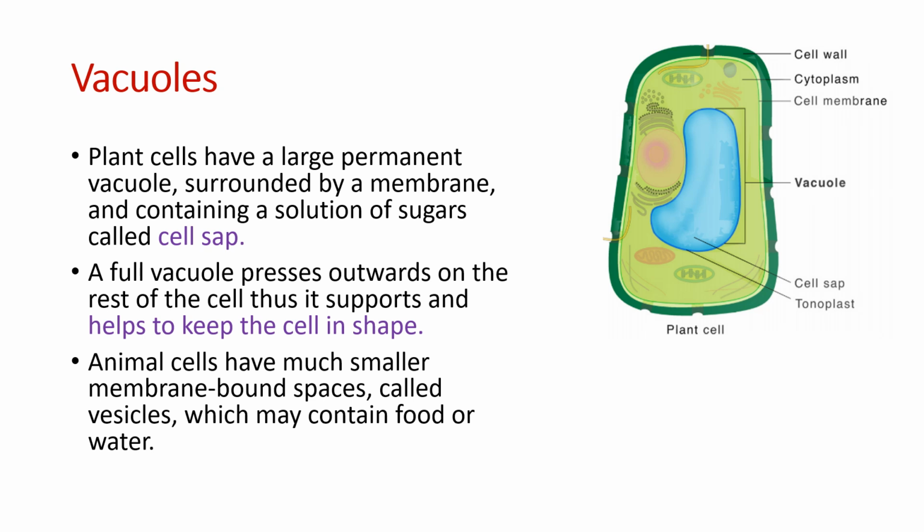Thus, it supports and helps to keep the cell in shape. So, the vacuole has a function of supporting the cell. Animal cells also have smaller vacuoles, which are also surrounded by a membrane, but they are not permanent. They might contain food or water.